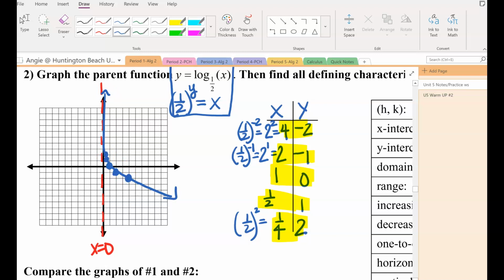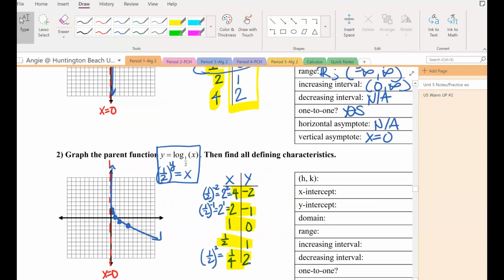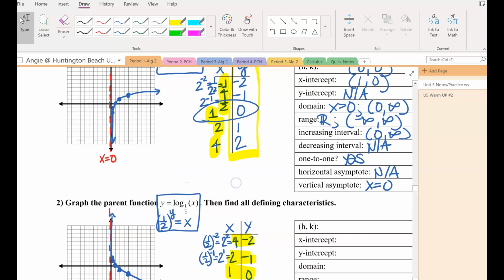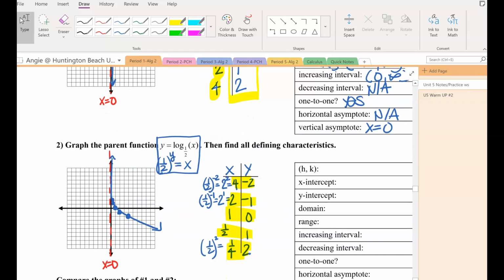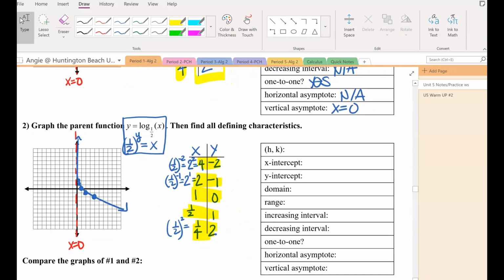Now compare these two for me. The base 2 is an increasing function. The base 1/2 is a decreasing function. Let's see what else is different. The h and k values are still the same: 0, 0.